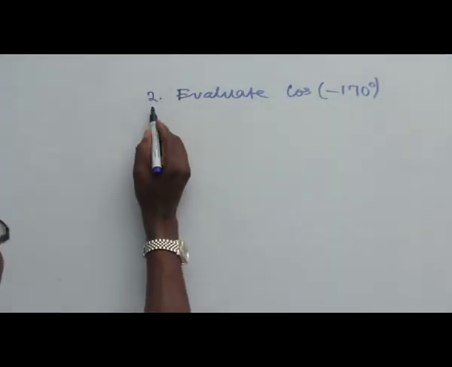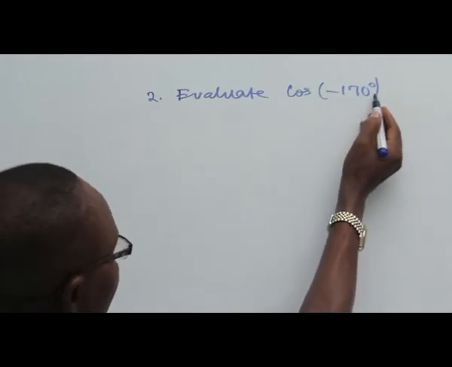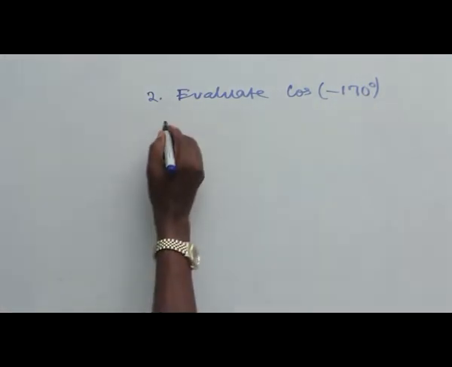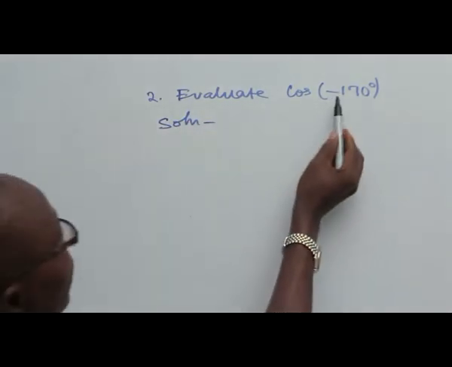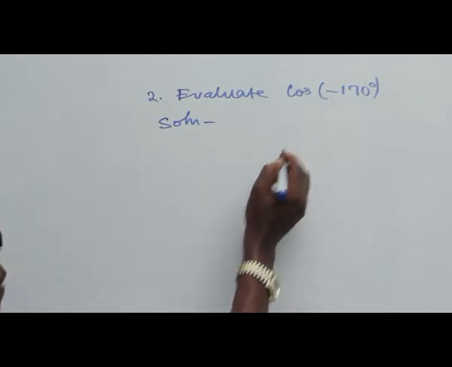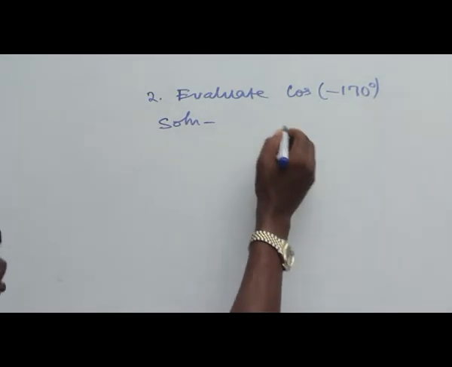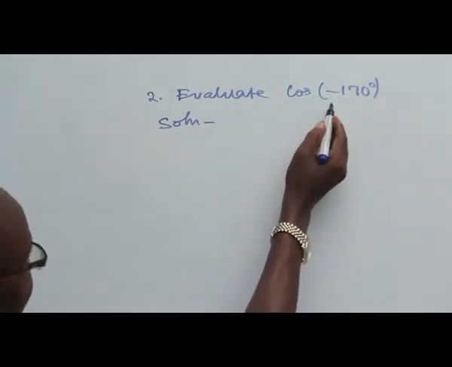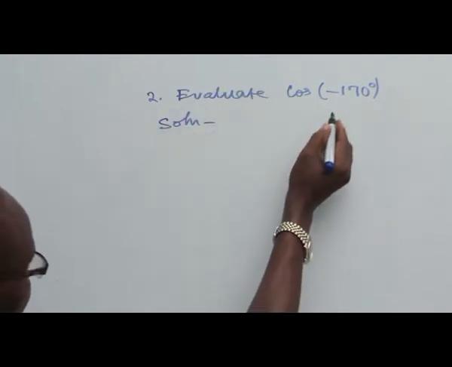Example number 2. Evaluate cos minus 170 degrees. Our solution. When an angle is negative, it's only indicating the direction of measurement. When angles are measured clockwise, they are negative. If they are measured anti-clockwise, they are positive.